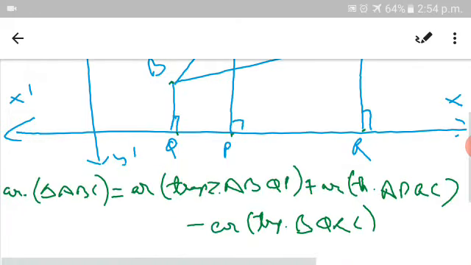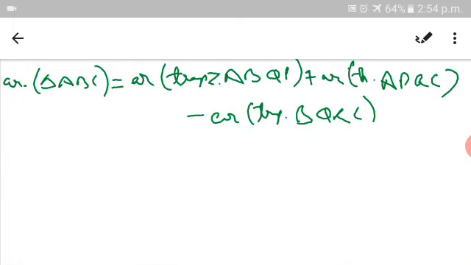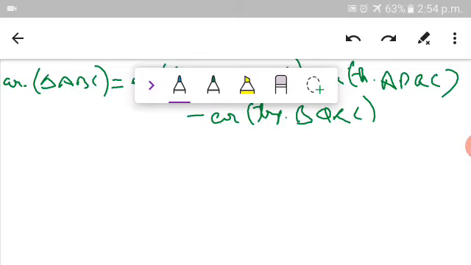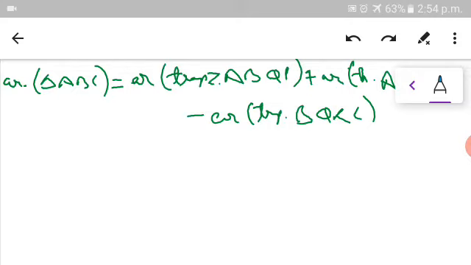So first of all we are going to write the area of trapezium ABQP. That is 1/2 the sum of parallel sides.